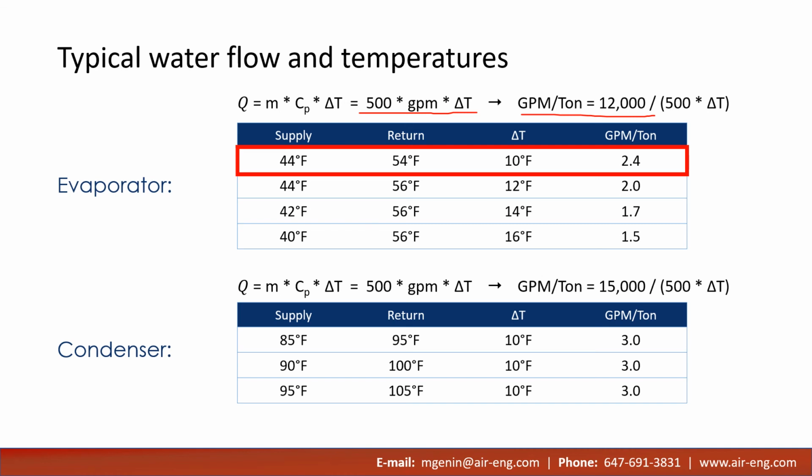On the condenser side, standard conditions call for 85 degrees entering the condenser and 3 GPM per ton of cooling.